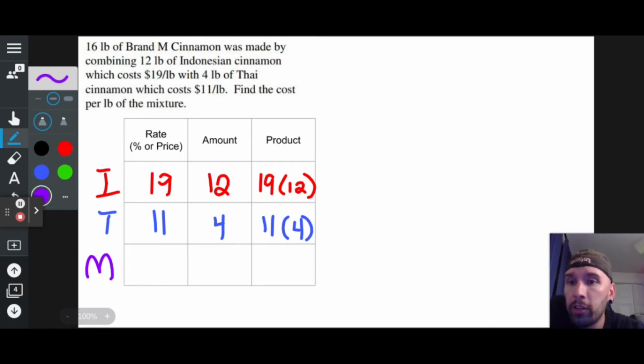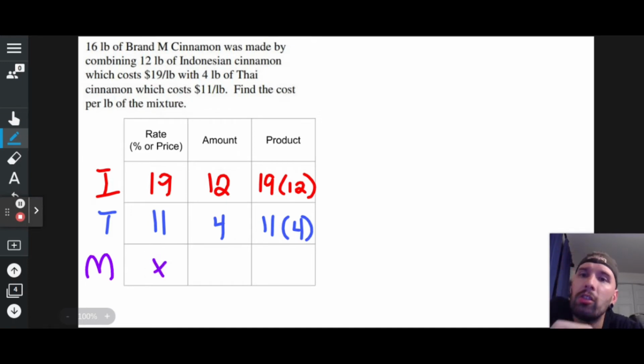Find the cost, so I don't know the price, the cost, so I'll call you X. It is 16 pounds, and that's obvious because this adds up to 16, and it also tells us that it's 16 pounds at the very beginning. That's why I said this problem is slightly easier than the last one. And so when I multiply those two guys together, I get X times 16, or 16X.